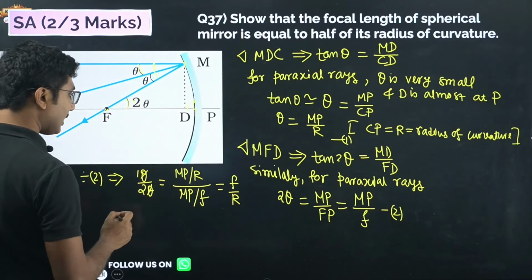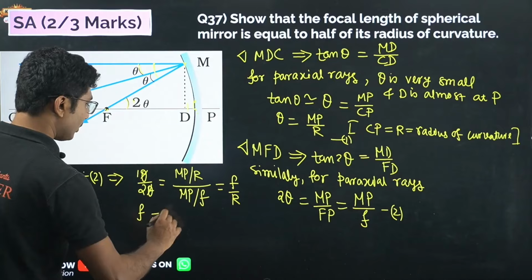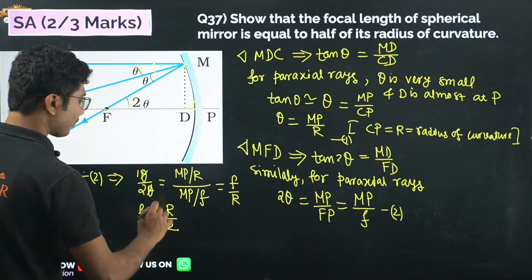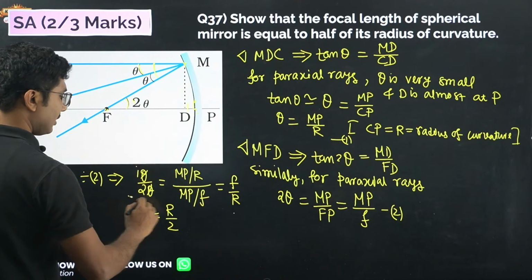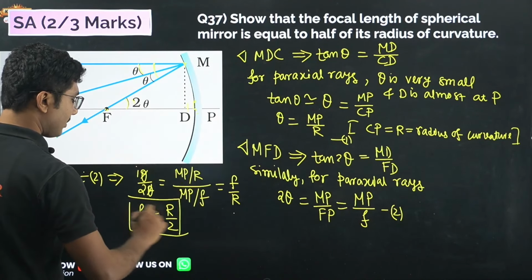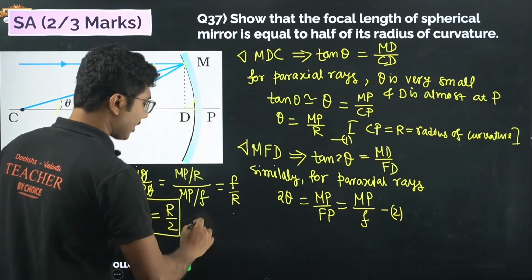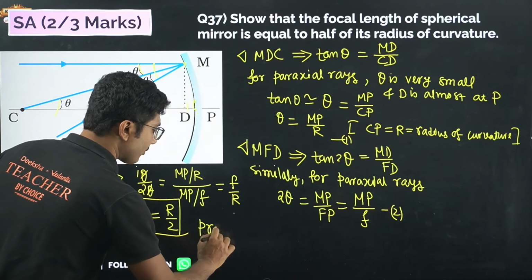So from here we can write F equals R by 2. Okay, this R will come over here. So F equals R by 2. This is the derivation that we were trying to prove. So hence proved.